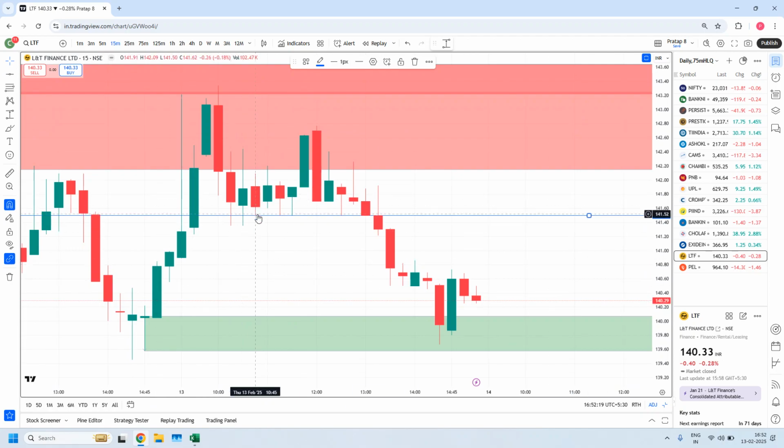You have a support line here. How much time? This is the first candle, 10:15. And when is the last time it came here? 10:15 to 1 o'clock. Almost close to 3 hours.